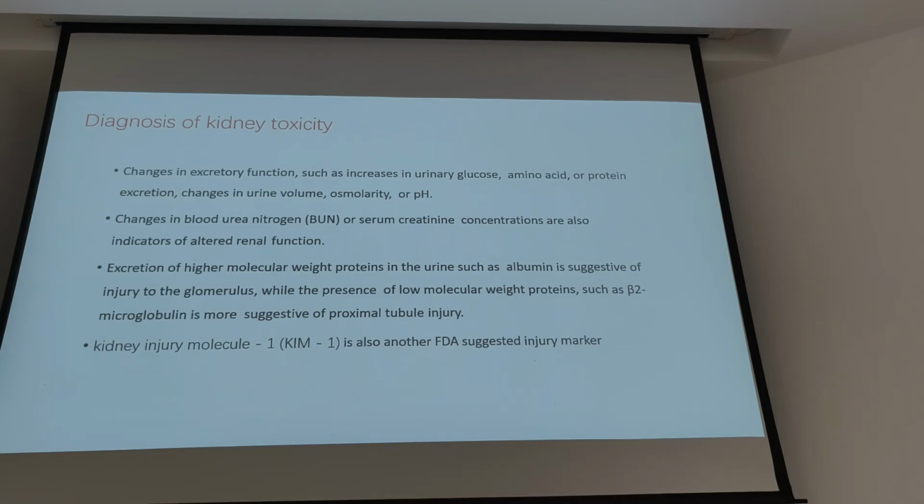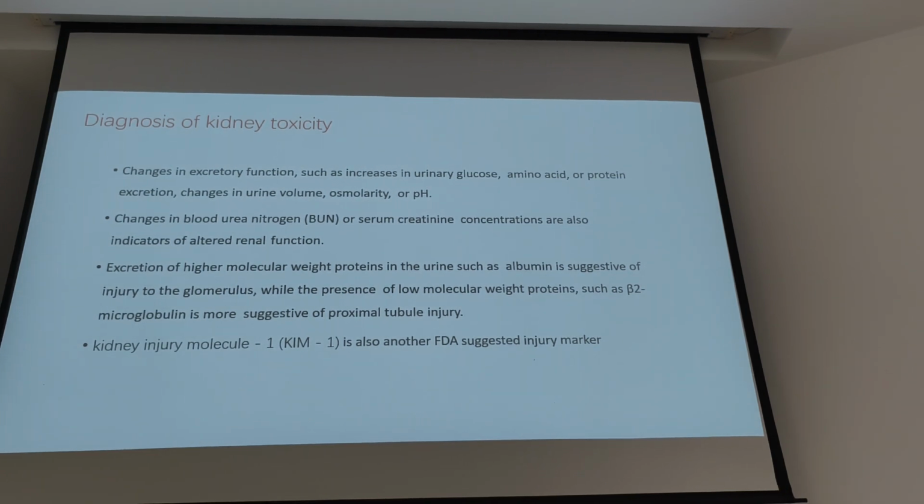So, in addition to the liver, our kidney is also very important. There are a lot of things that are excreted through our kidney. Our kidney excretes different metabolites, but it also reabsorbs some metabolites. So what if our kidney gets damaged?